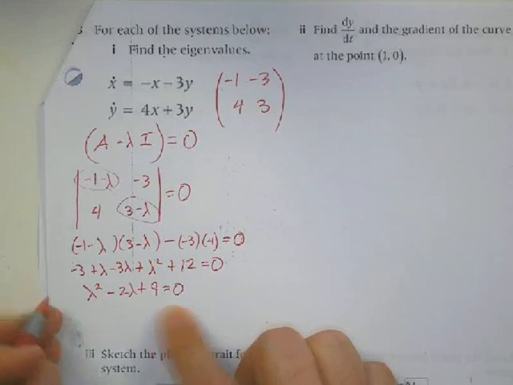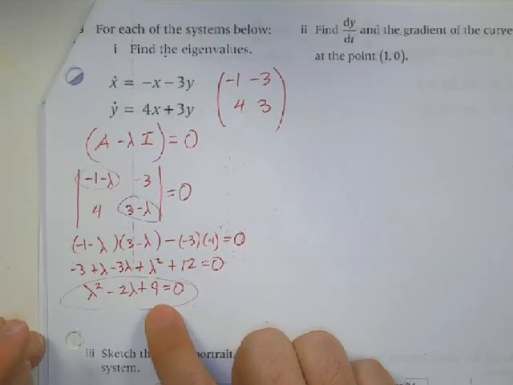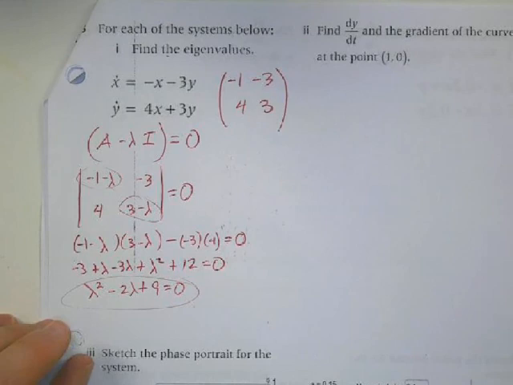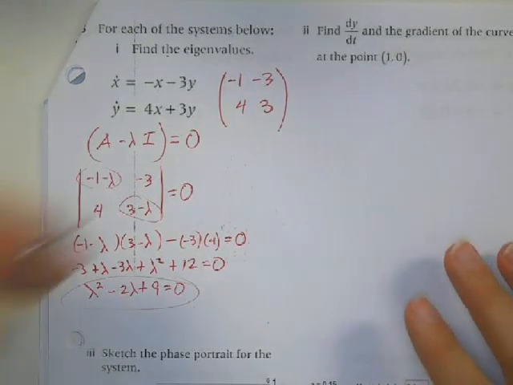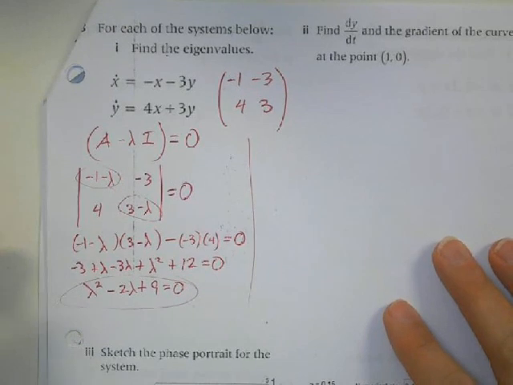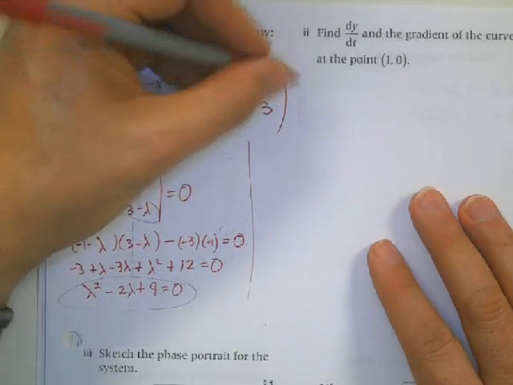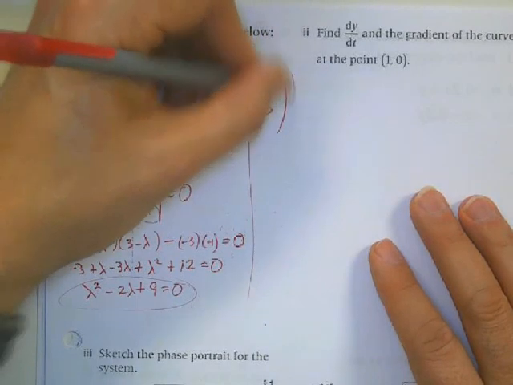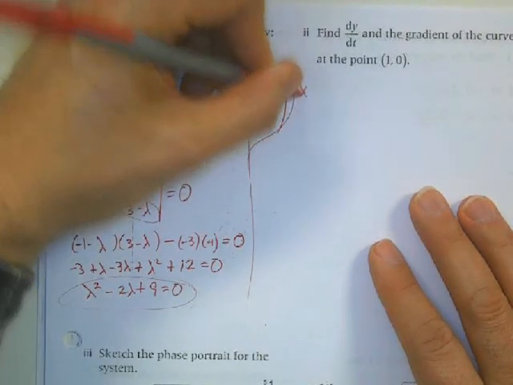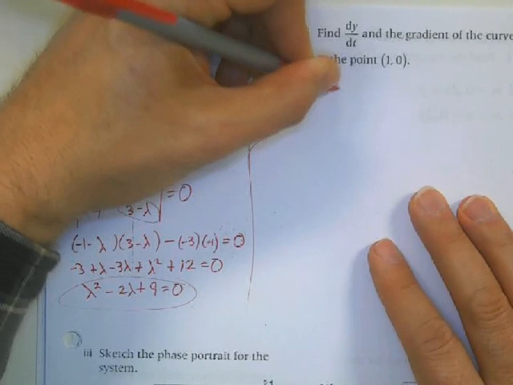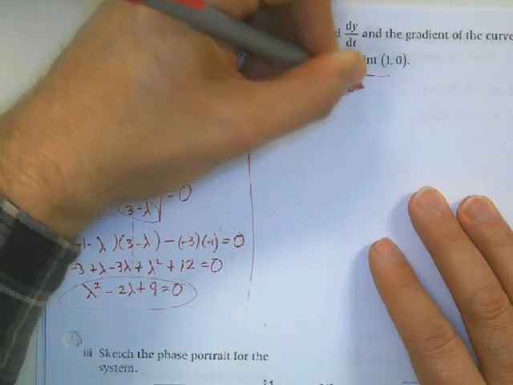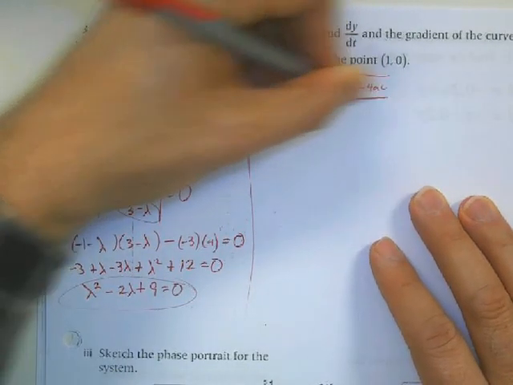Okay, so I automatically know that I can't factor this. There's no two numbers that multiply to give me 9 and add up to give me 2, or subtract to give me 2. So I'm going to have to use my quadratic formula again, like we did for the previous one. So x equals -b plus or minus square root b squared minus 4ac all over 2a.